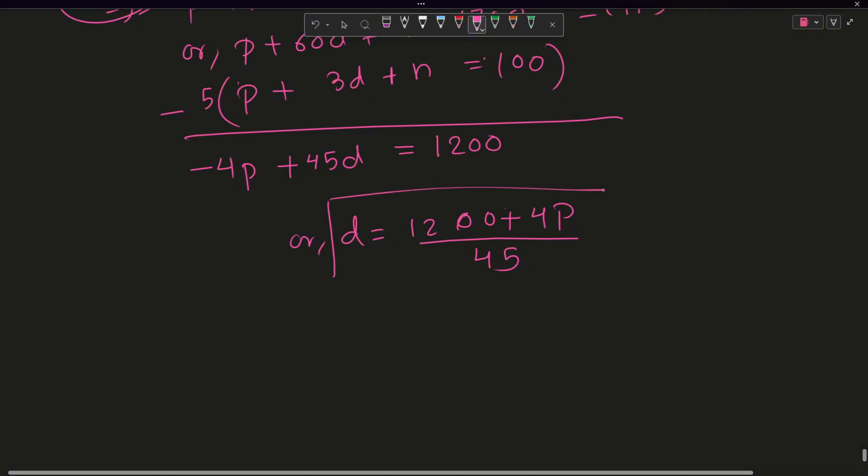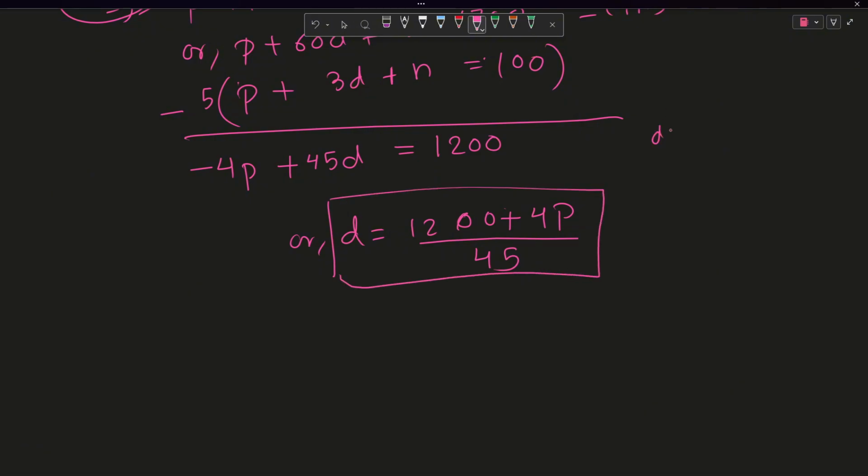Okay. So now notice that D is the number of dimes, and because we cannot have 0.75 quarters or 0.75 dimes, like we have one dime, two dimes, but we cannot have three halves of dimes, that means this is an integer.